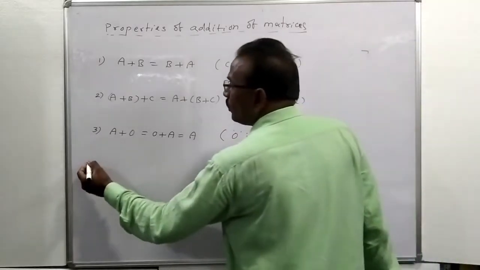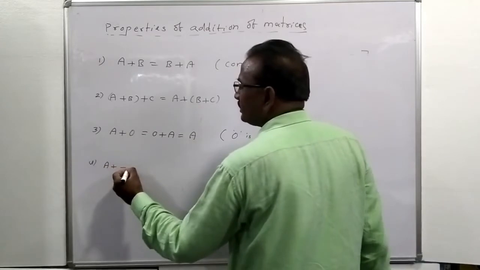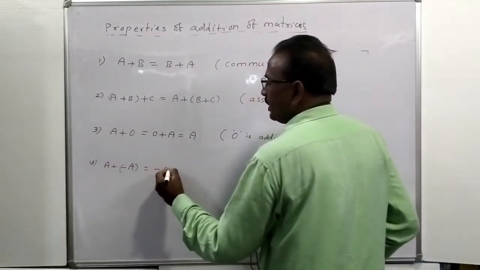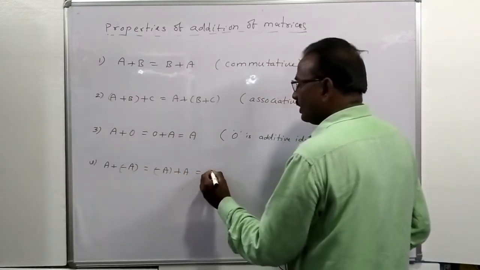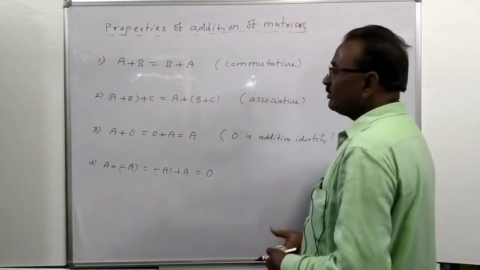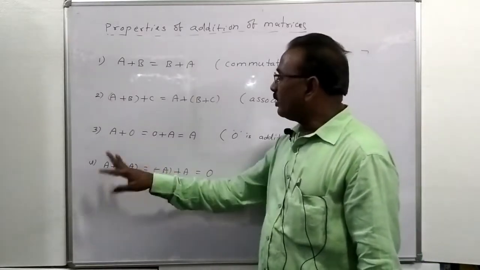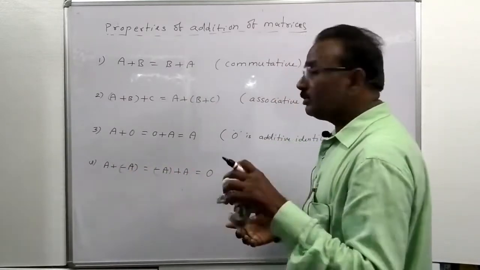Next, the fourth property is A plus (minus A) is equal to minus A plus A is equal to 0, the additive identity element. So this is always true. If A is any matrix and minus A is also a matrix of the same order, so A plus minus A is equal to minus A plus A is equal to 0.